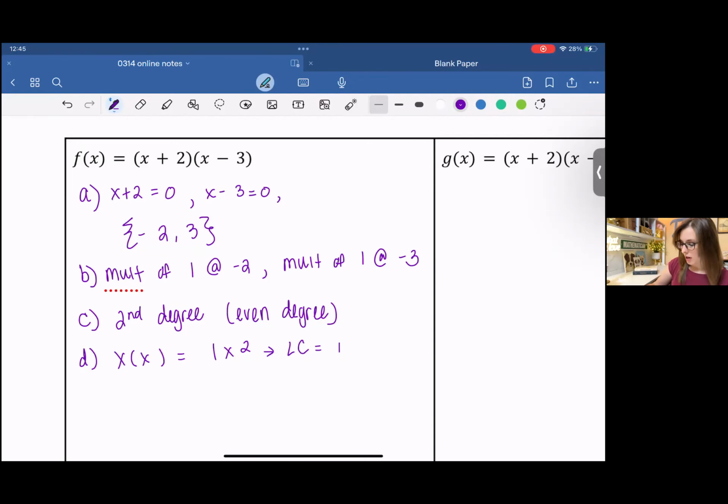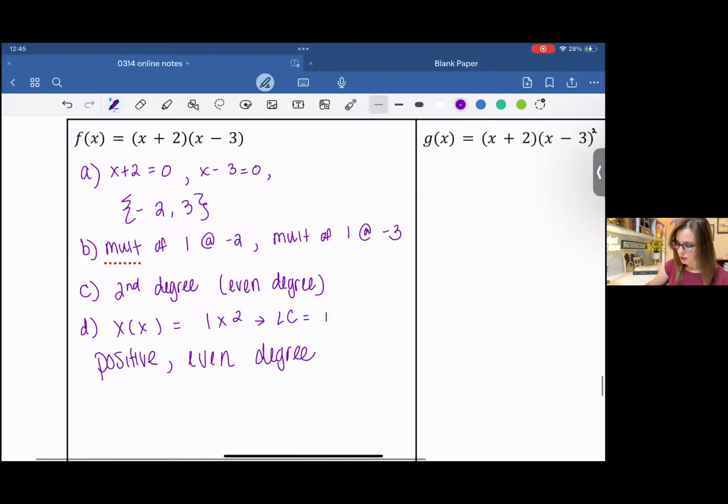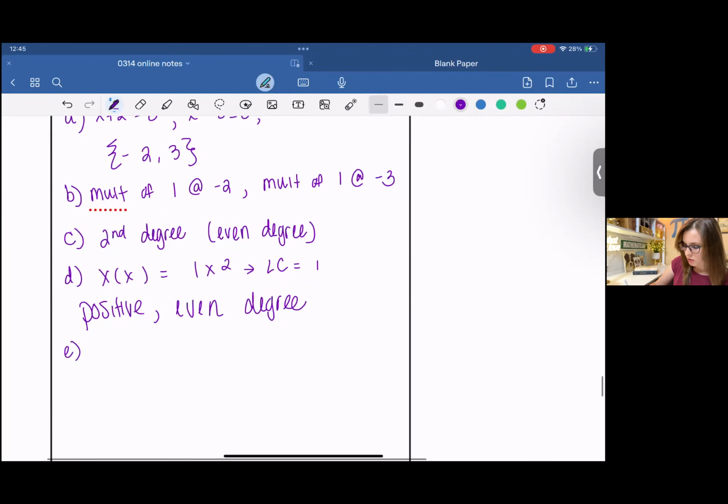So we have a positive even degree polynomial. And then the last part, yes, E was the y-intercept.